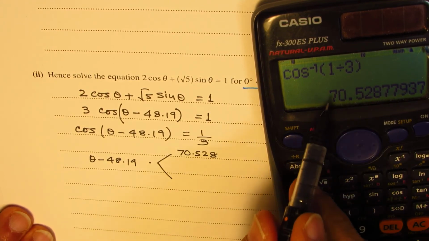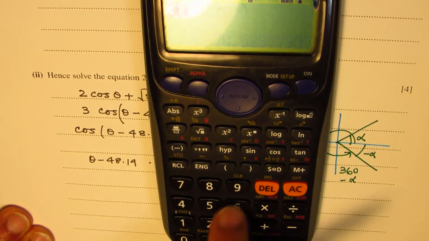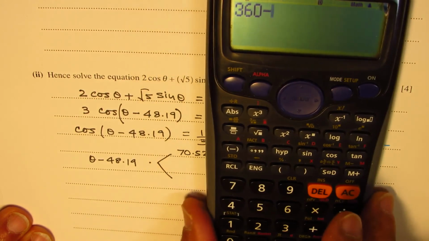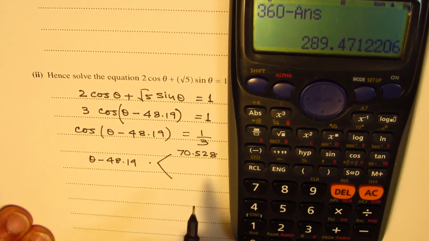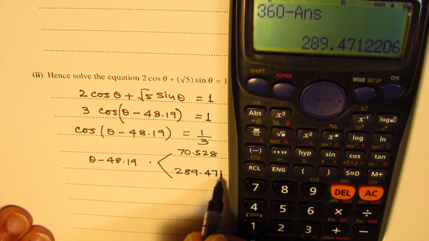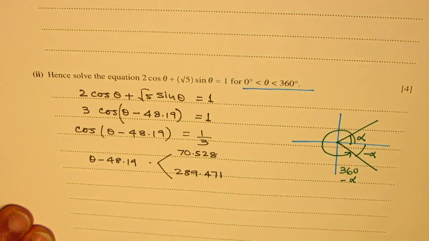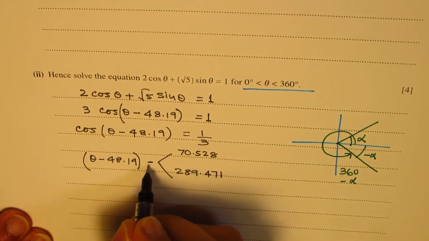The other one will be 360 minus this, so 360 minus 70.528, which gives 289.471. Correct. So these are the 2 values for theta minus 48.19.